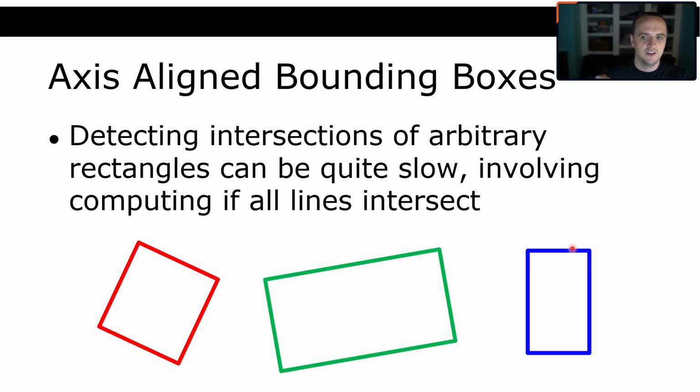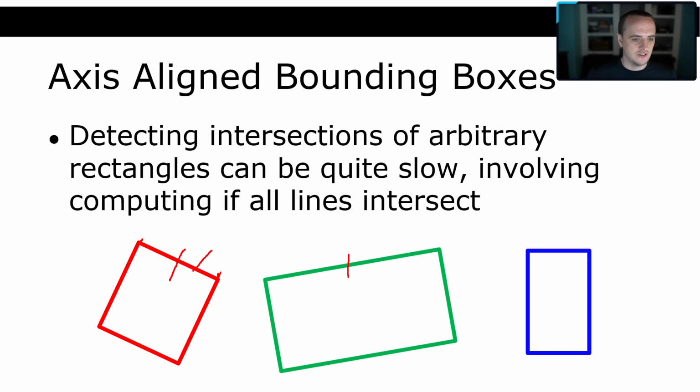However, detecting intersections of arbitrary rectangles can be a little bit slow. Essentially what you have to do for arbitrary rectangle intersection is take every pair of lines and see if they intersect. So you would run a line intersection algorithm, and we'll do line intersection later, but we're not doing it yet.